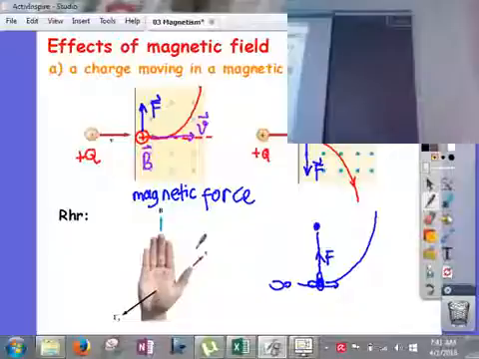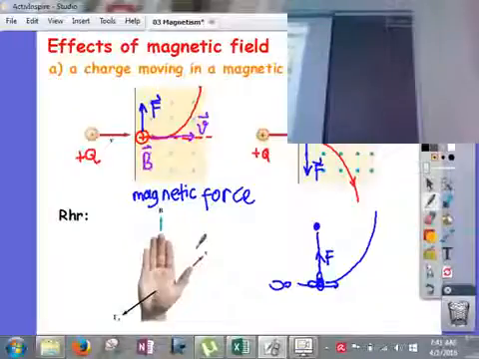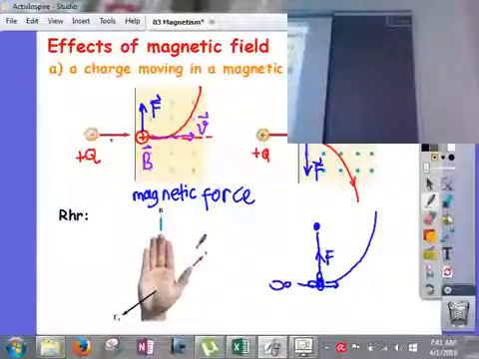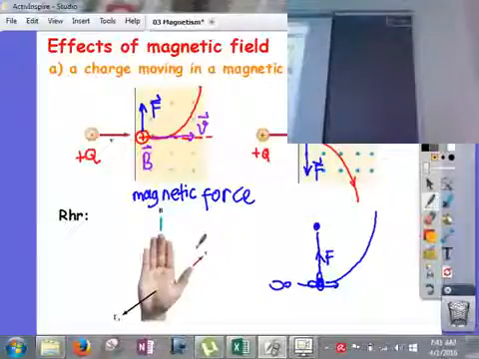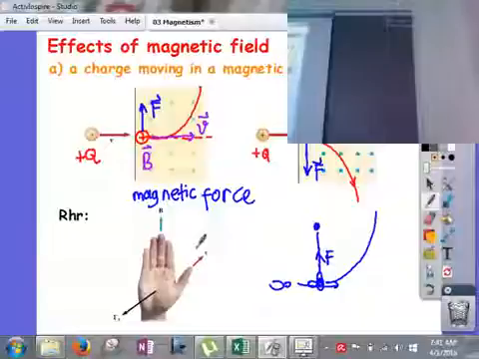Try. This is V, B, F. Oh, jadi posisi ini. Apa yang kata? Yep. V, B, F, upward, or like this. B-nya ke sana. Gini. Gini bukan, Pak?